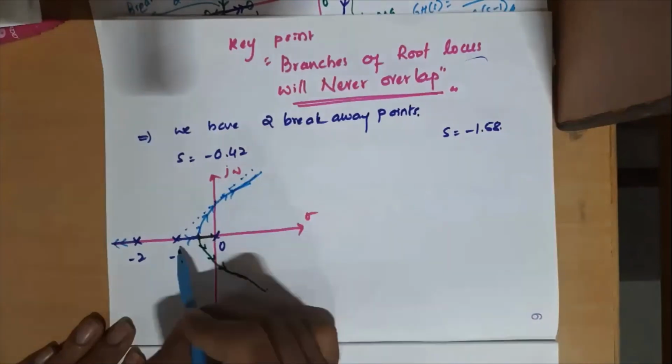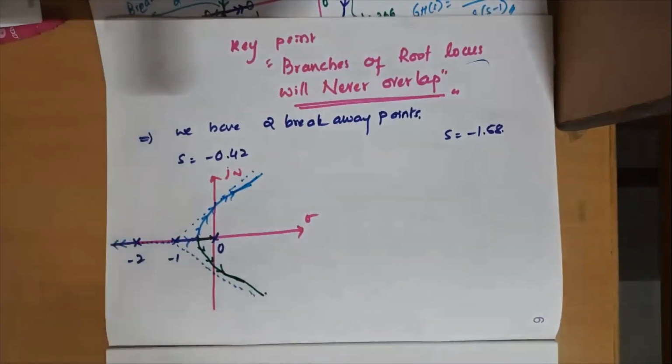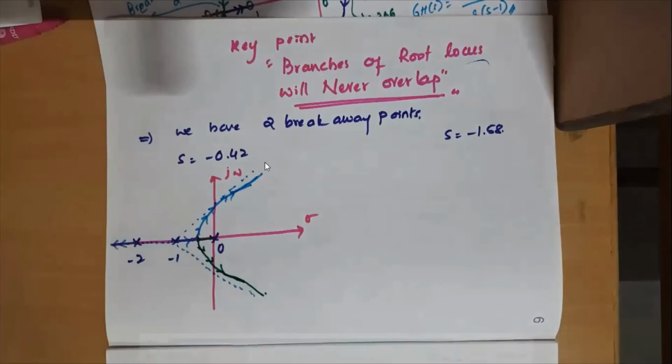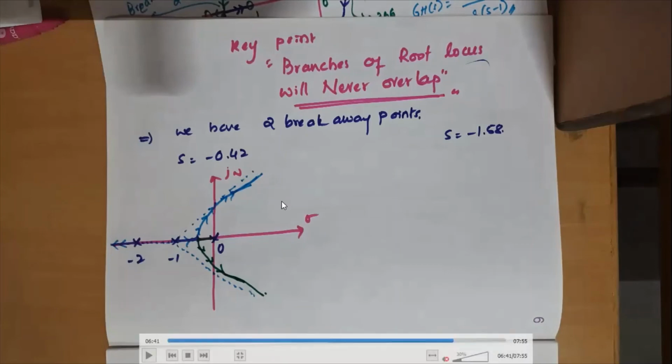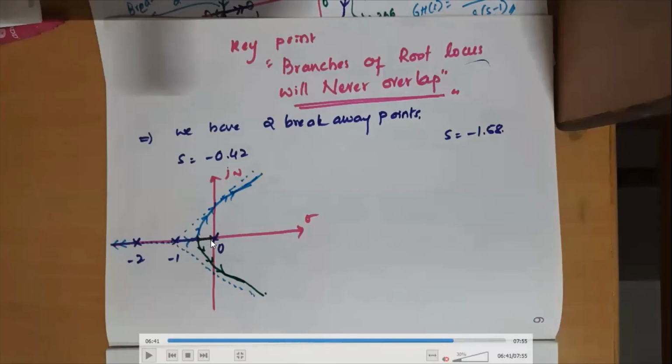This was one asymptote, this was the other asymptote, and we had a third asymptote. By choosing the first breakaway point, this is how the shape of our root locus looks. It starts from the pole.